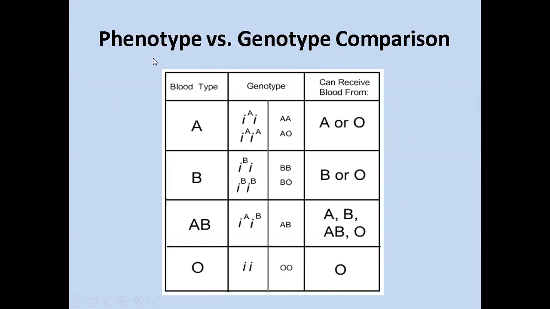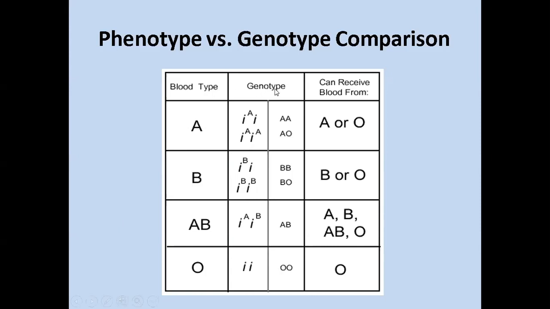So this chart kind of breaks phenotype and genotype down by blood type. Okay, so on the left-hand side here, we have the four possible ABO blood types or blood groups, and basically, we're going to look at possible genotypes for each group. So when we have an individual who is blood type A, they have the A antigen present on their red blood cells.